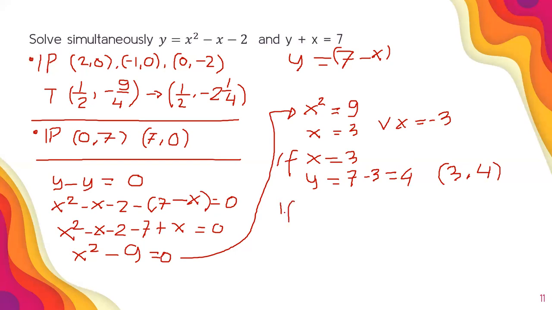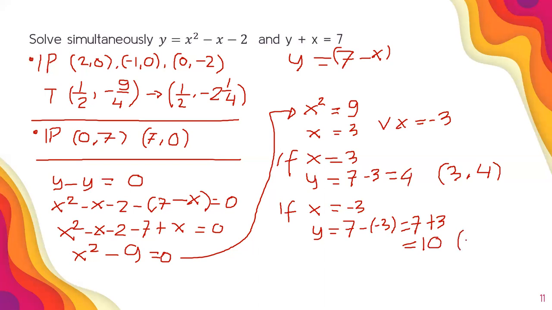If x equal negative 3, y equal 7 minus negative 3. 7 plus 3 equal 10.